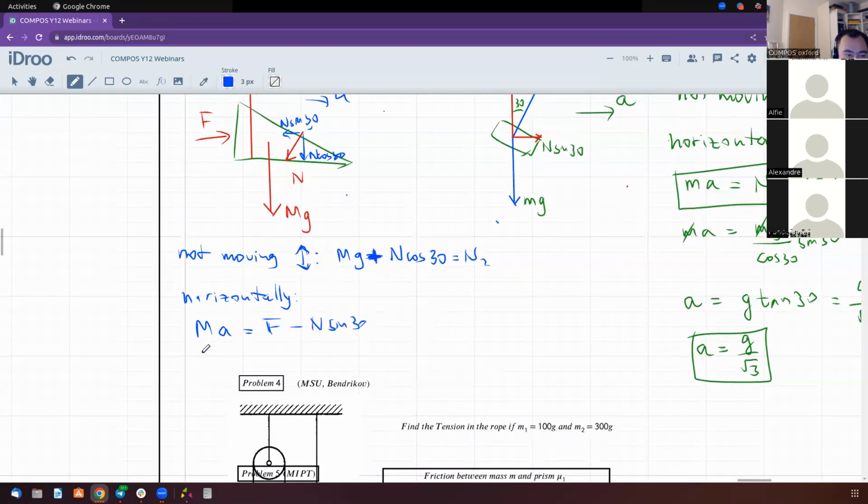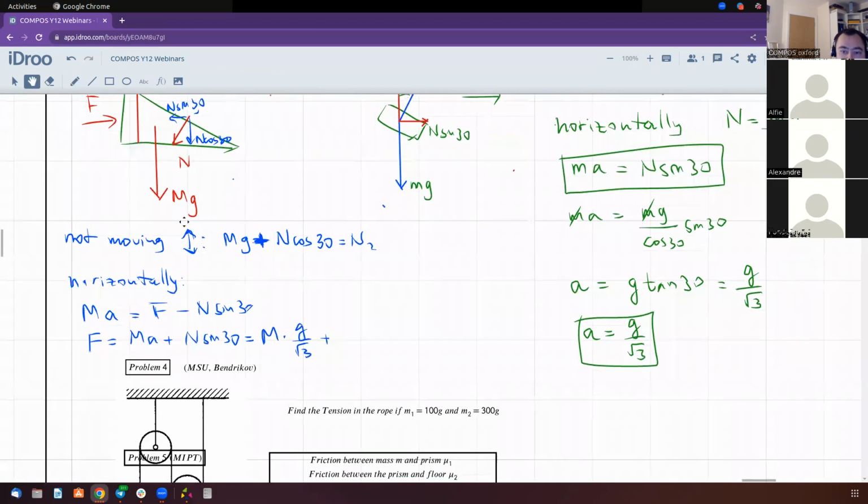Okay, so F is equal to ma plus N sine 30, equals m times g over square root of 3 plus N sine 30. That's actually ma. So it's m plus m times g divided by square root of 3, and that's the answer.